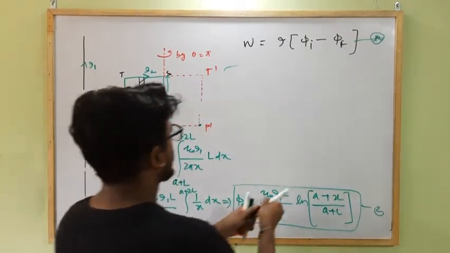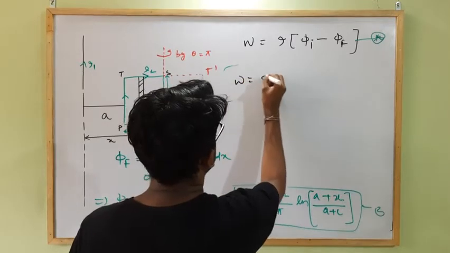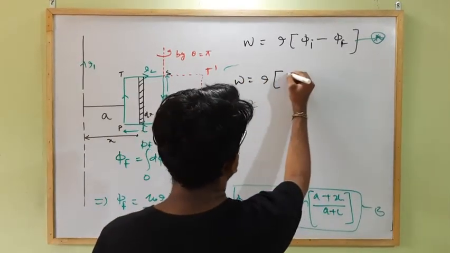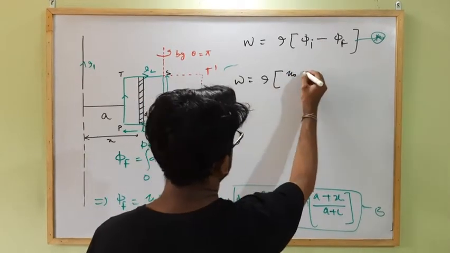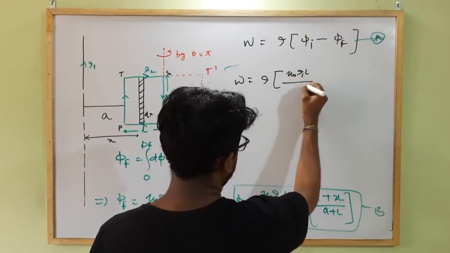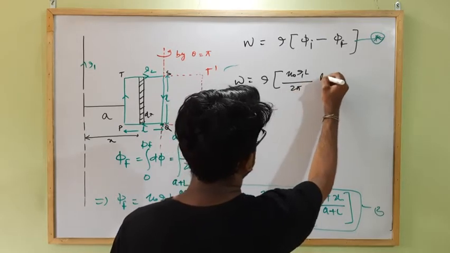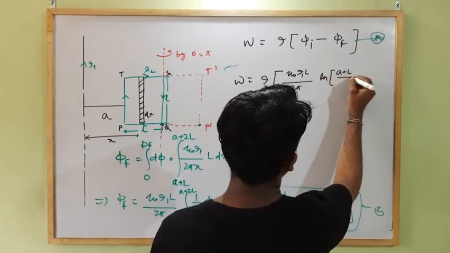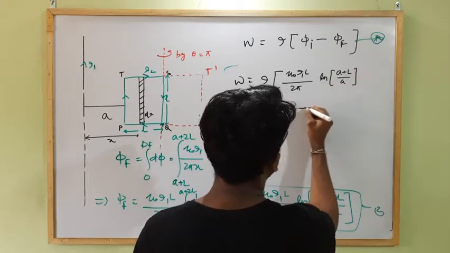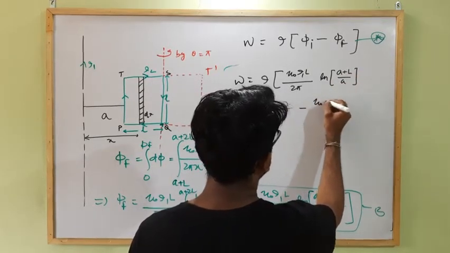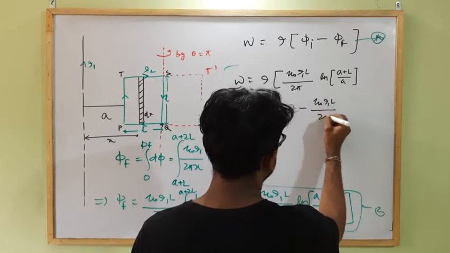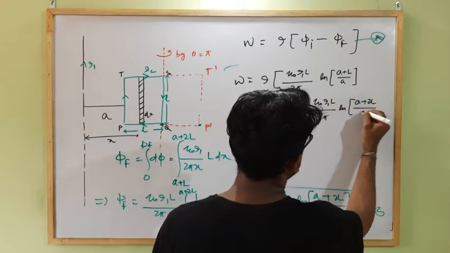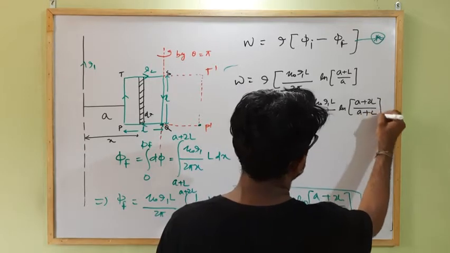Here W is equal to I into (φ initial minus φ final), which is μ0 I1 L divided by 2π ln of (a plus L) by a, minus μ0 I1 L divided by 2π ln of (a plus 2L) divided by (a plus L).